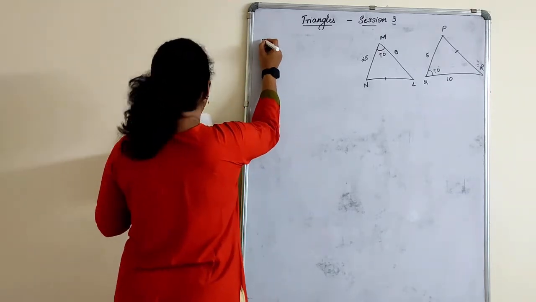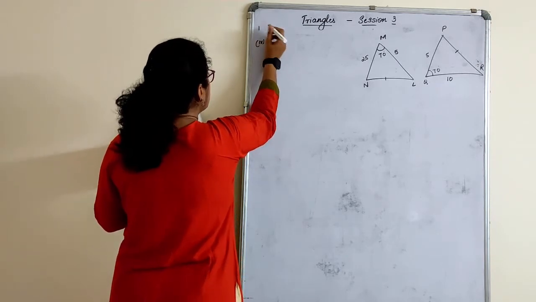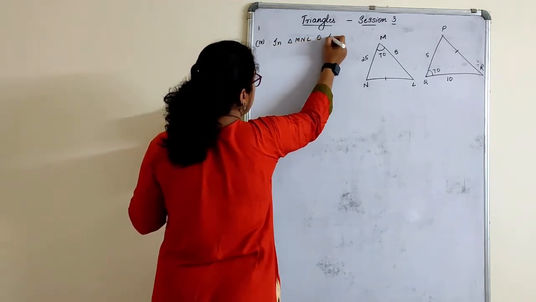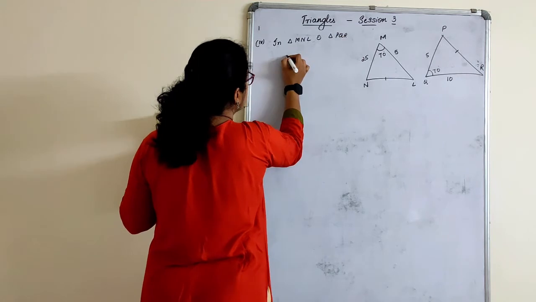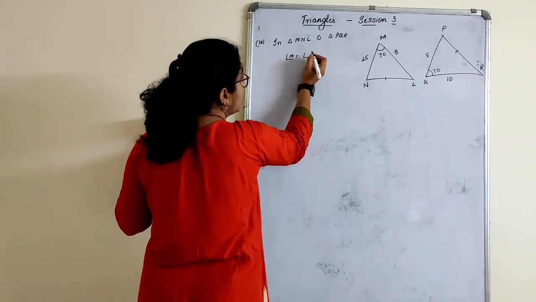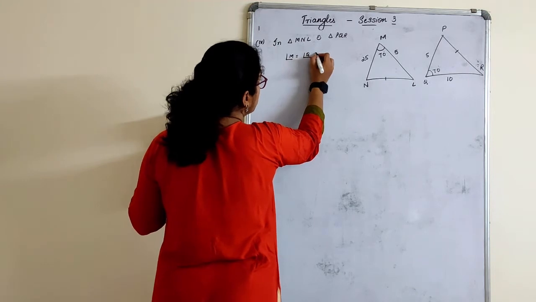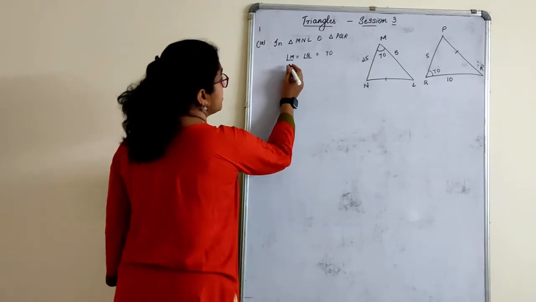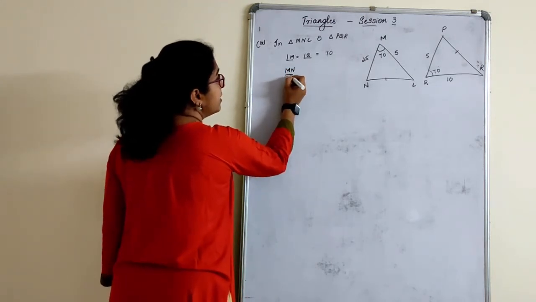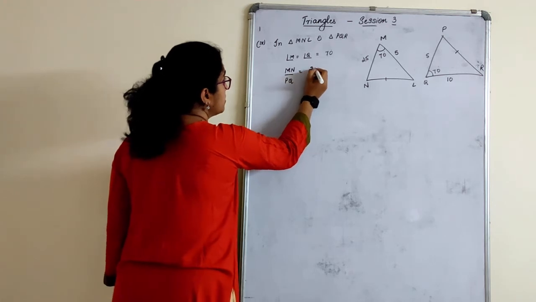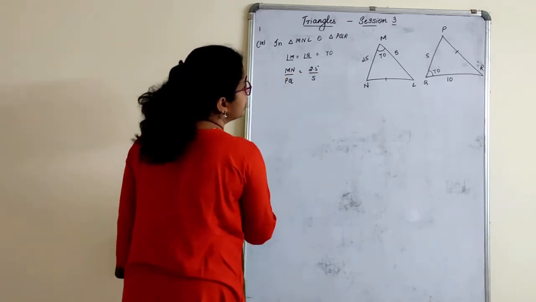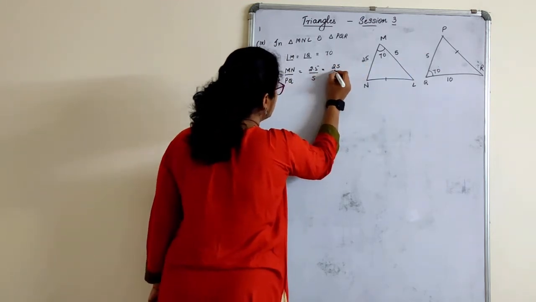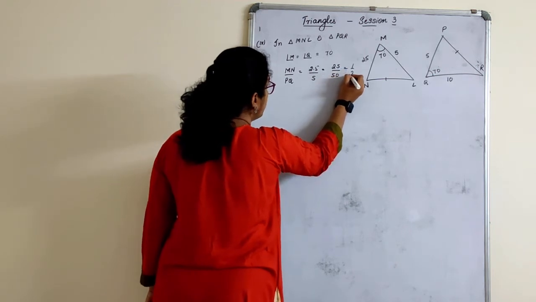Let us first write which question? Fourth one. In triangle MNL and triangle PQR, angle M is equal to angle Q, that is equal to 70 degree. Let us choose the corresponding sides now. So MN upon PQ, that is 2.5 upon 5, that is this side upon this side, 25 upon 50, that is 1 by 2.